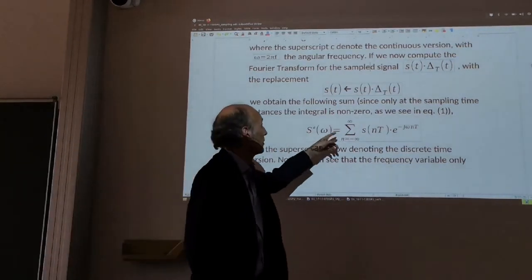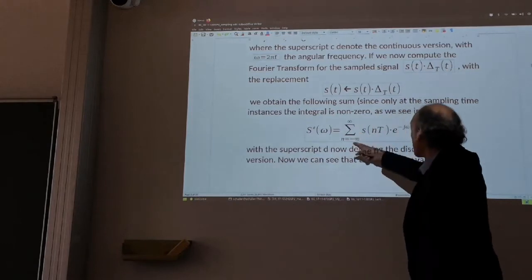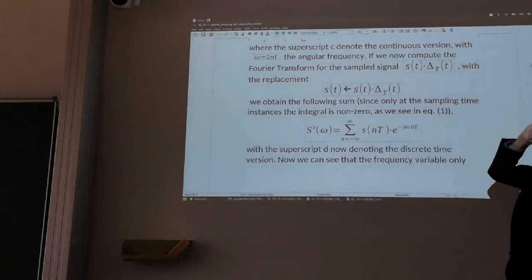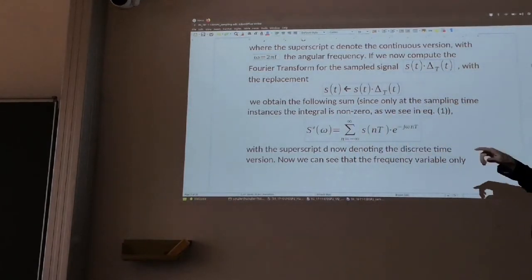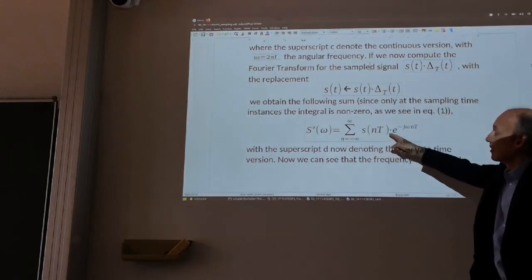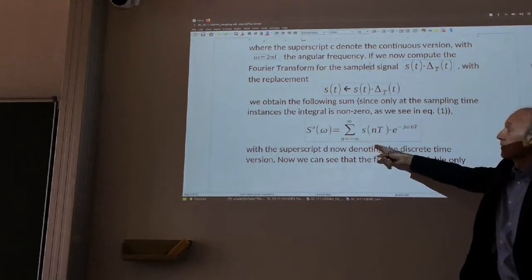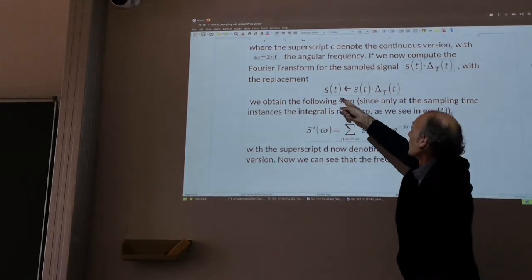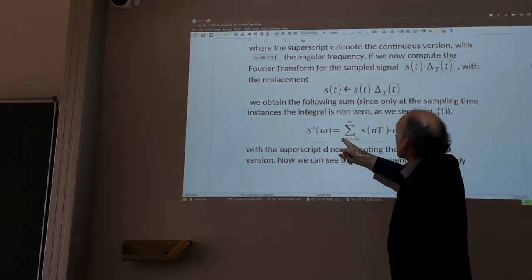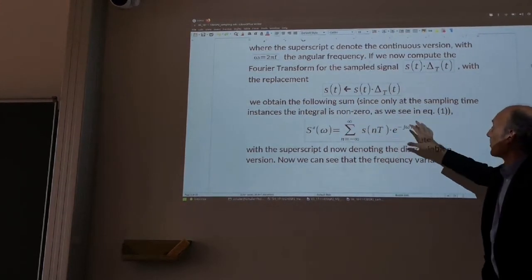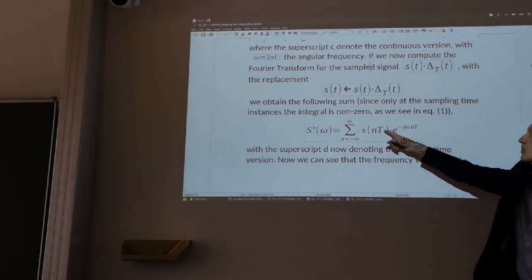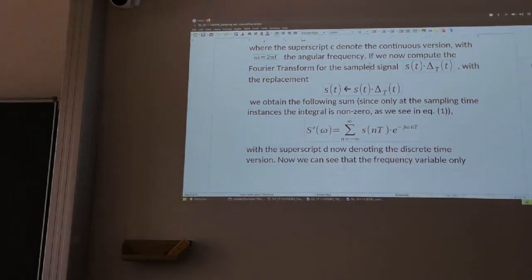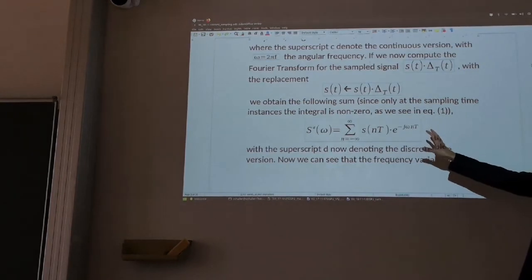So then what we get is, instead of having this integral, we get a sum, right? And instead of having continuous values, we just have the values at the sampling points. So this substitution turns the integral into the sum, but the rest basically stays the same, and here we have the sampling points. Make sense?